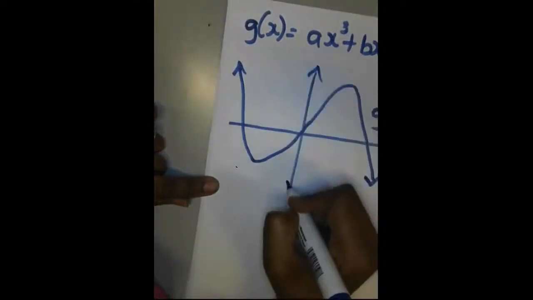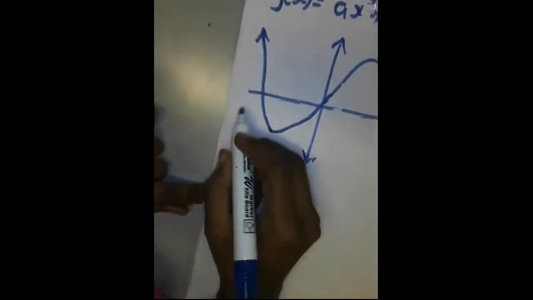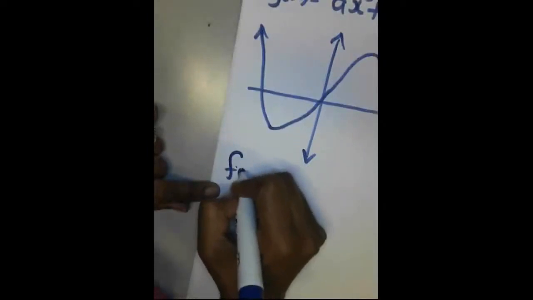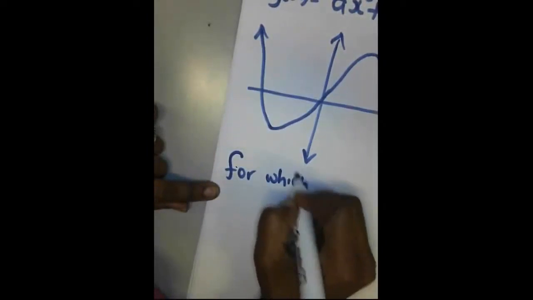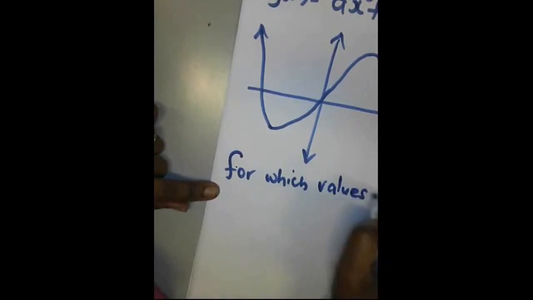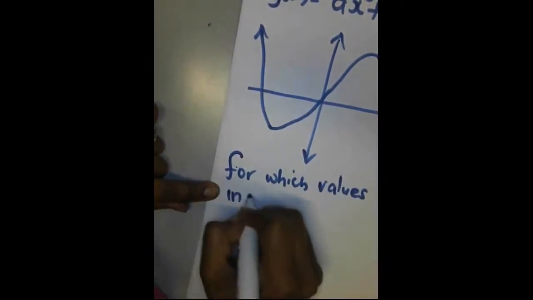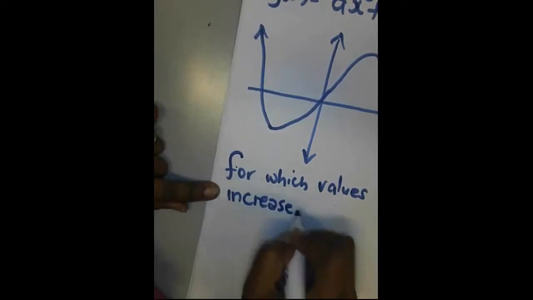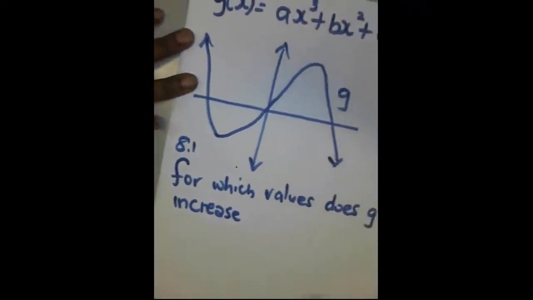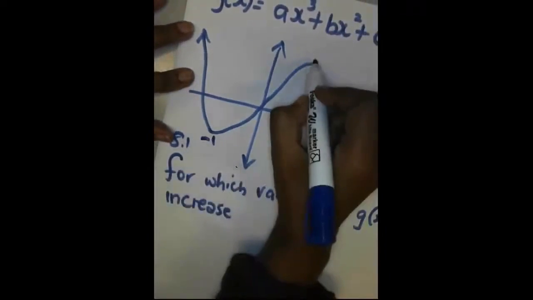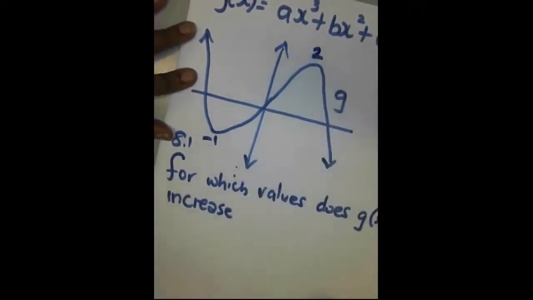Now the question in the question paper said, the first one said, for which values does g(x) increase? And so here's one of those questions that I wanted to ask us. For which values of x does this function increase? This point here was -2, 1, and this point was 2.